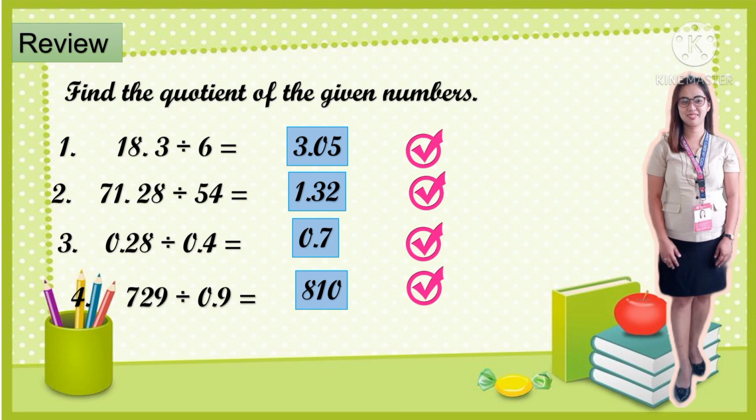Okay, you got the correct answer. And the last number, 112 divided by 16/100 is equals to 700. Is 700 the correct answer? Correct. You got the correct answer.